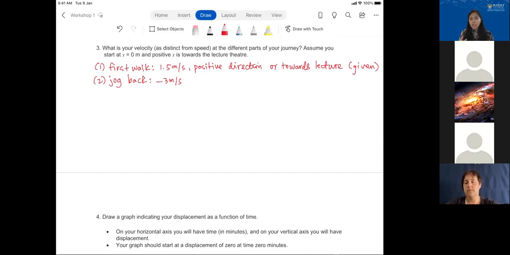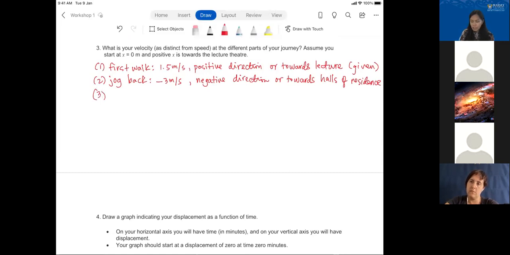So negative 3 meters per second will be sufficient to answer the question. Or if you want, you can explicitly say negative direction or towards the halls of residence. So give some indication of direction because we're wanting to find the velocity.